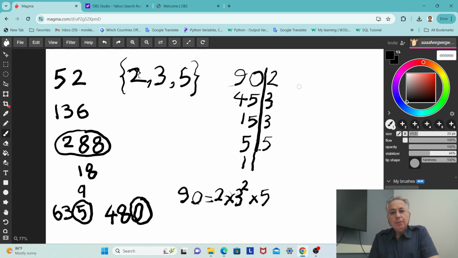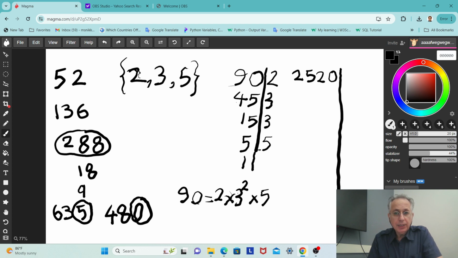Now let's go for a bigger number. Bigger number like what? Like 2520. What to do at first? Draw the vertical line. That's a big number, bigger line. So, is that an even number?